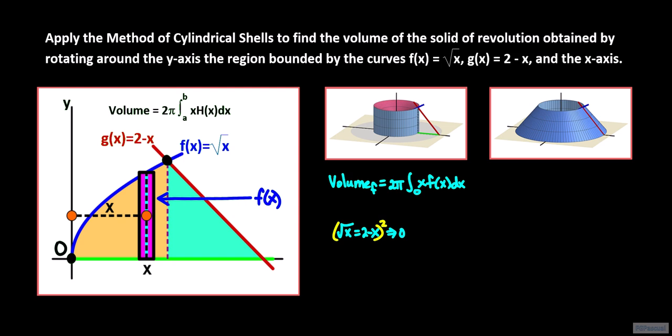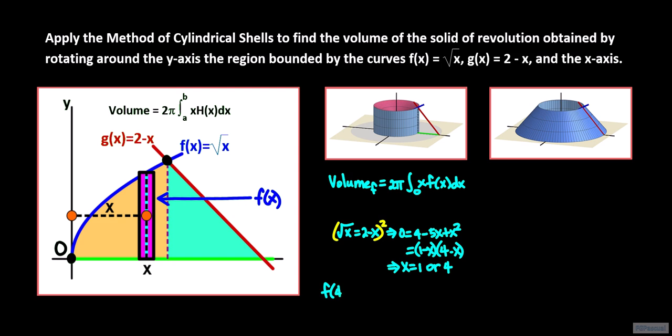So we have 0 equals 4 minus 5x plus x squared, which factors into the quantity 1 minus x times the quantity 4 minus x, so that x is either 1 or 4.